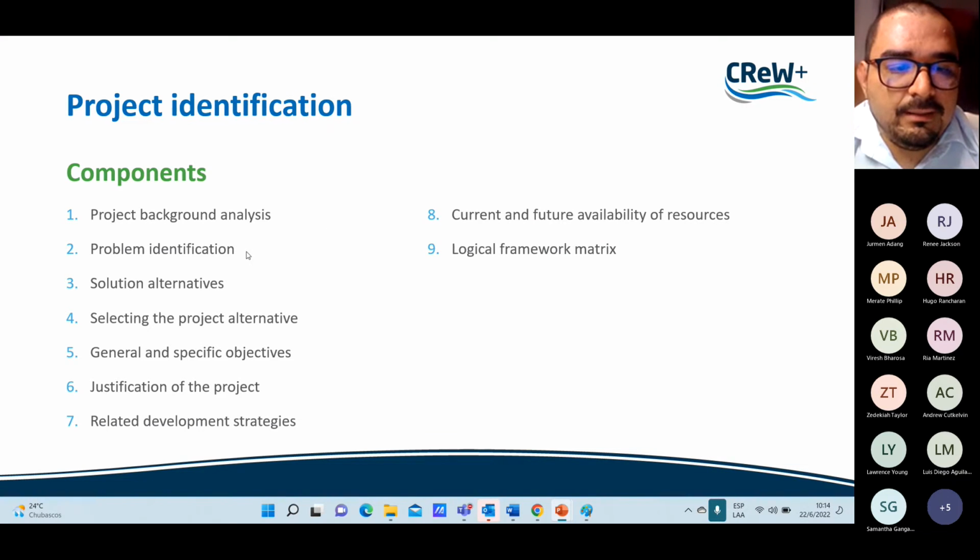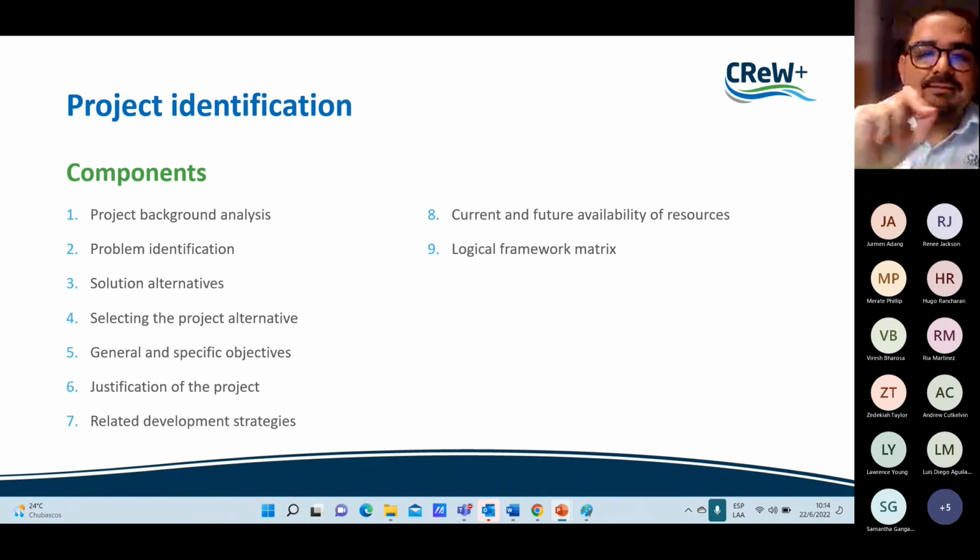Also, I'm going to tell you that this exercise of project identification design may not be a linear exercise. Maybe you start with the solution alternative, then you do the background, then you look for availability of resources, then you make the general and specific objectives.